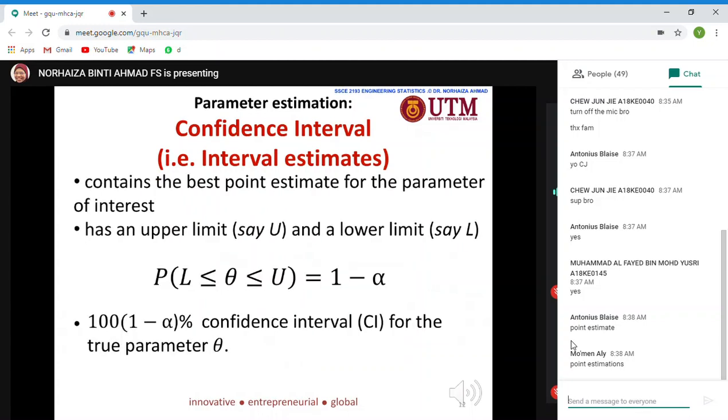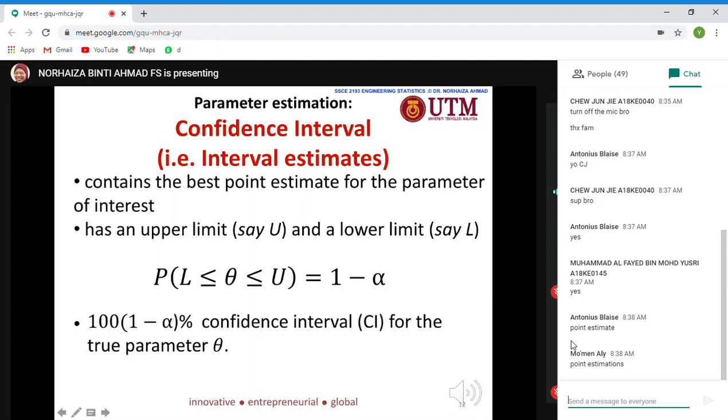However, that interval is going to be a special interval, because if we say that our parameter is contained within the lower boundary and upper boundary, then the probability that this is true should be of some value. Here, for a confidence interval, the probability is going to be 1 minus alpha. Probability means the likelihood, so 1 minus alpha should be high.